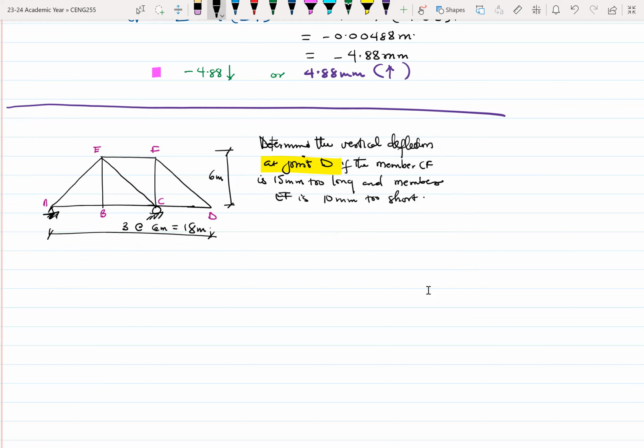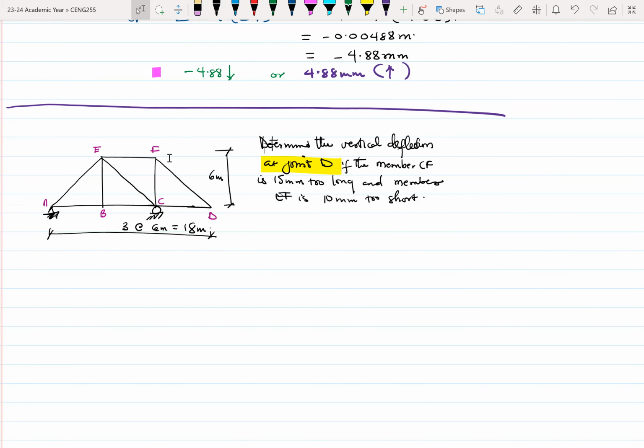And then we have to determine, so it says determine the vertical displacement at joint D. All right. If the member CF is 15 millimeters too long, and member EF is 10 millimeters too short.